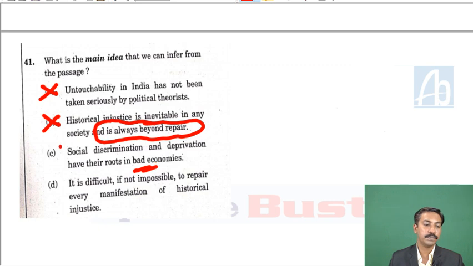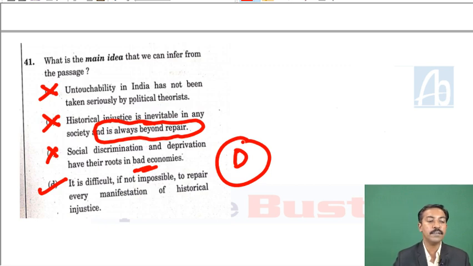There isn't any reference to this, therefore we can consider option D as the choice. It is difficult, if not possible, to repair every manifestation of historical injustice. We have more than one clue. One is the author talks about the factors that account for resistance to repair. That indicates repair is difficult, if not impossible.